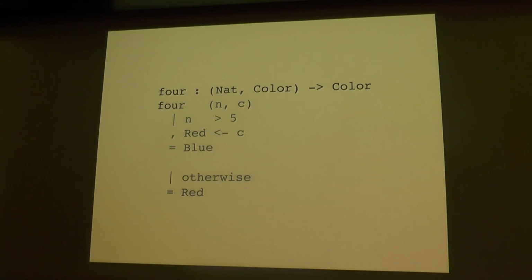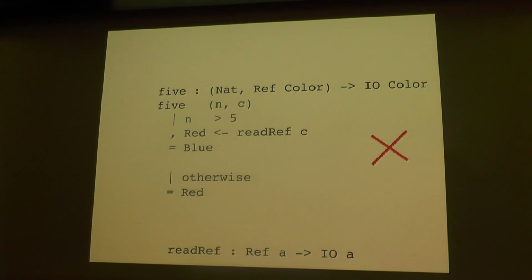of Haskell. But then suppose we want to do the same sort of thing as before. We want to use computational effects in the guards of our pattern alternatives. Once again, this sort of thing doesn't work in Haskell.